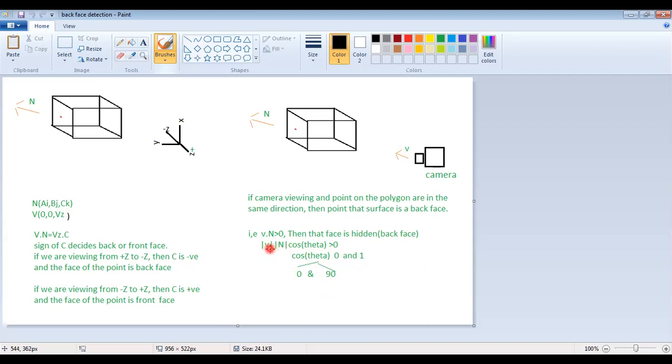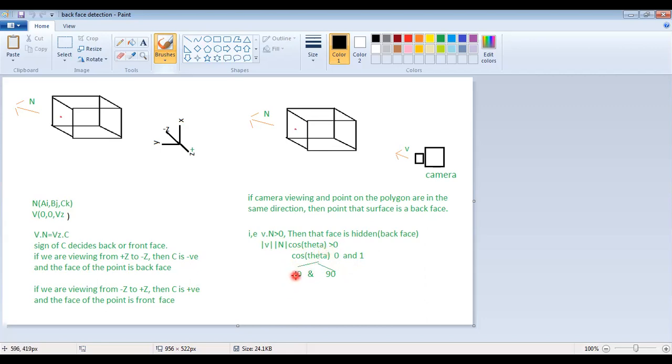What changes is the value of cos theta. If cos theta is between 0 and 1, it will be greater than 0. If cos theta is between 0 and 1, what should be the angle theta? It should be between 0 and 90 degrees. If theta is between 0 and 90, then |V||N| cos theta will be greater than 0.